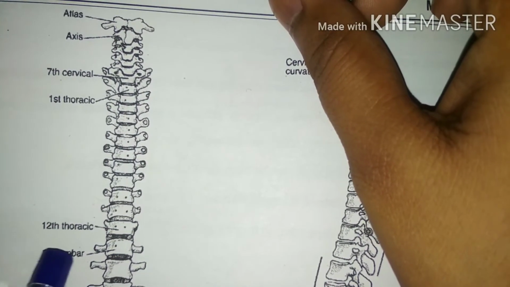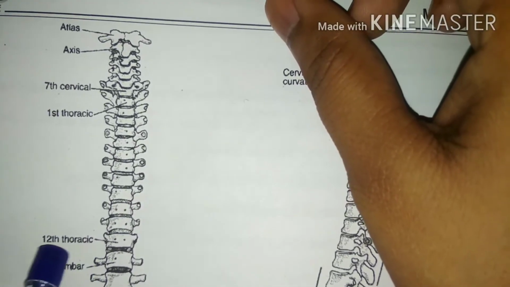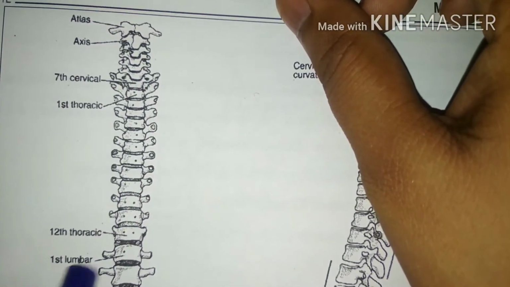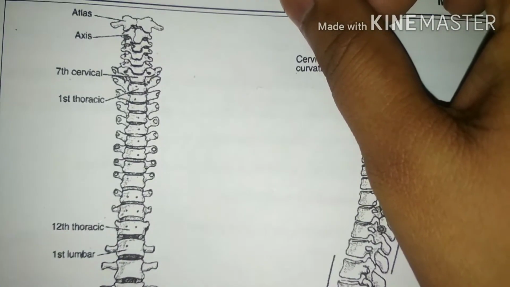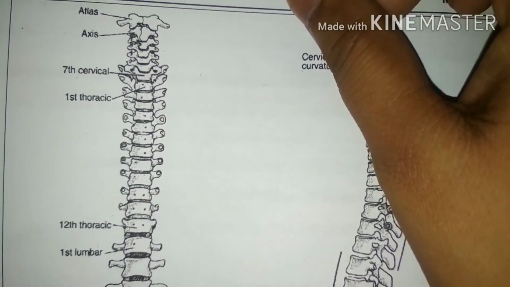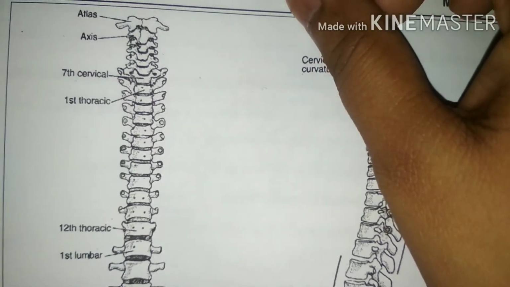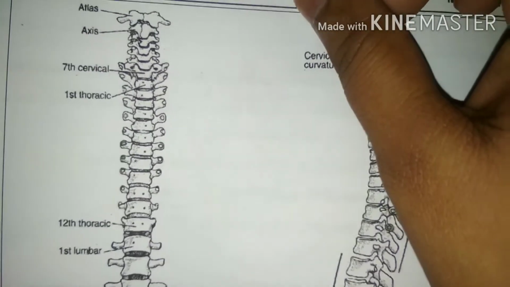Below the thoracic region, the lumbar region starts. First lumbar to fifth lumbar, it is the abdomen part. Fourth region, sacral region.